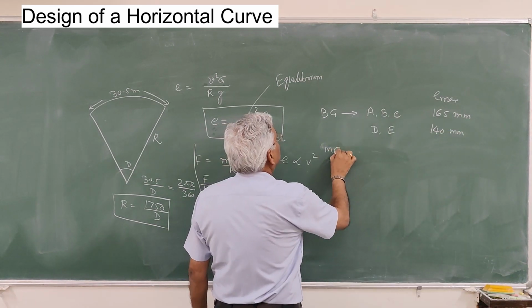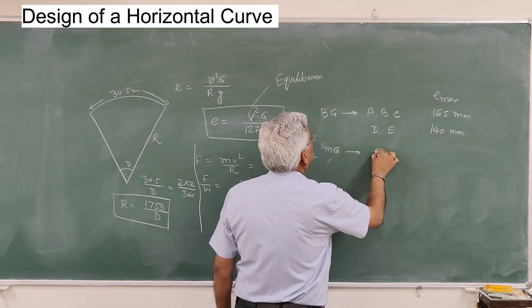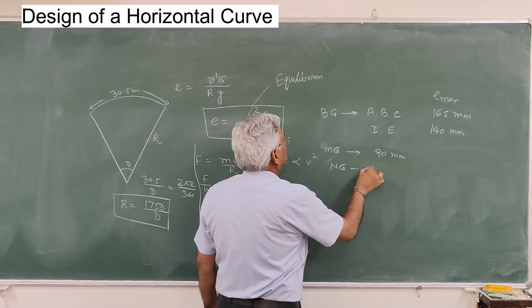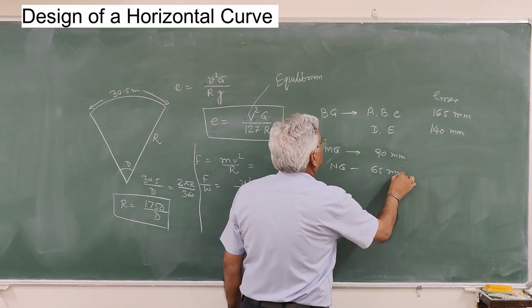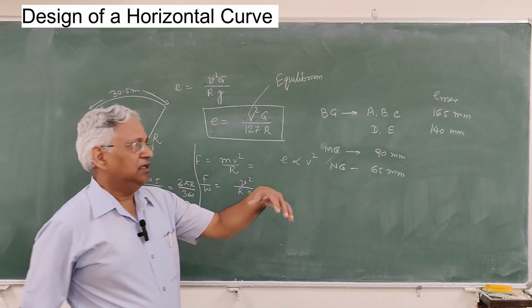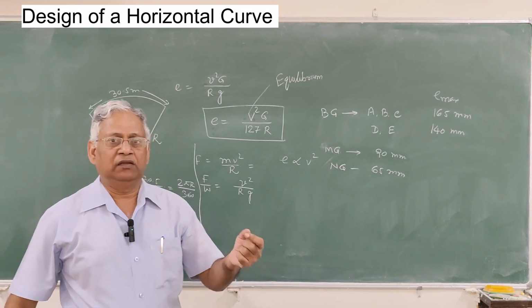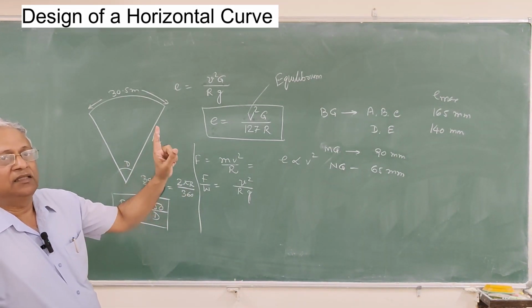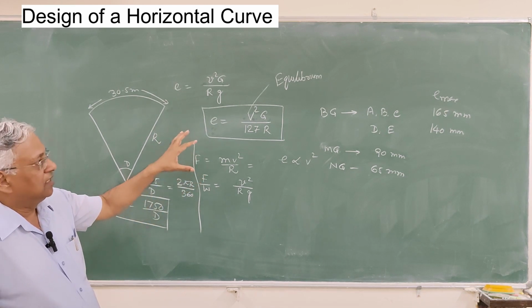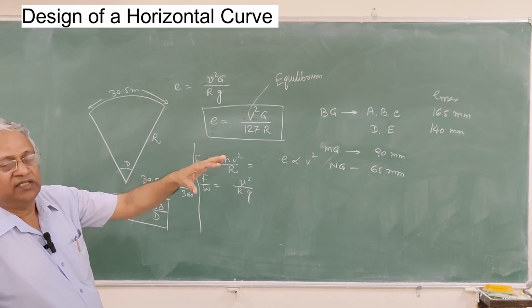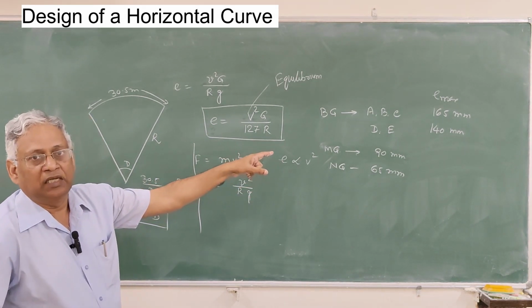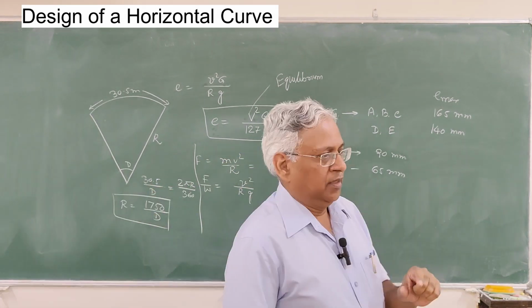For meter gauge, for all routes, it is 90 millimeter, and for narrow gauge, it is 65 millimeter. These are the upper limits of superelevation that can be provided on a track, and that is how you decide the maximum speed which can be taken on a horizontal curve based on the maximum superelevation.